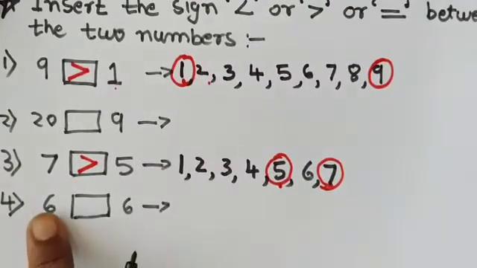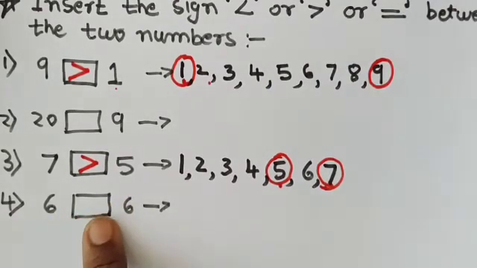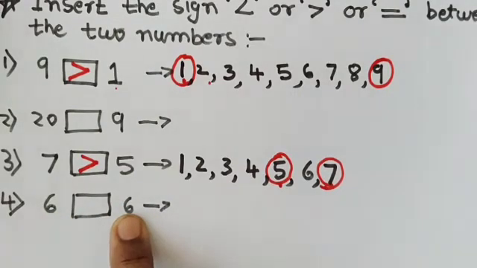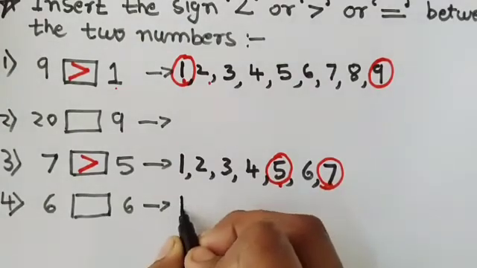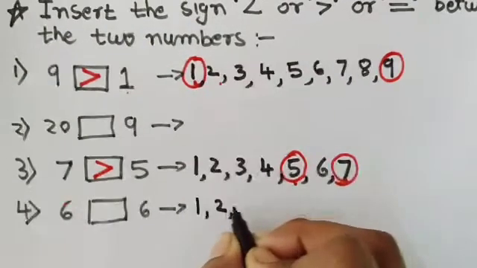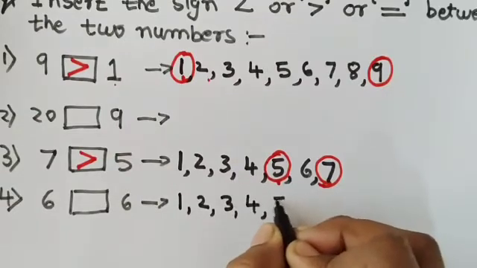Here we have number 6. Here also we have number 6. So tell me children, which sign will come here? Which number out of these 2 will come later? Here we don't need to write any numbers. Why?